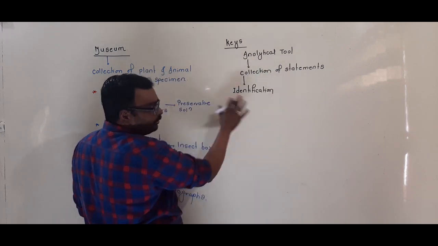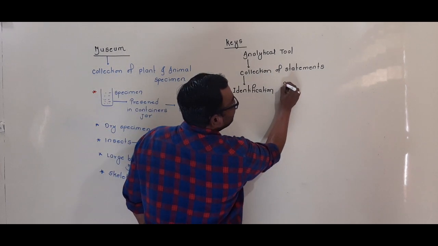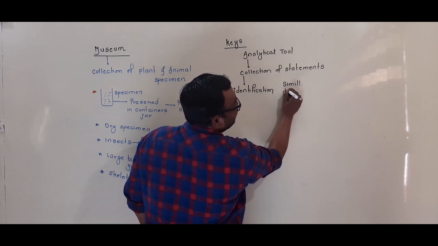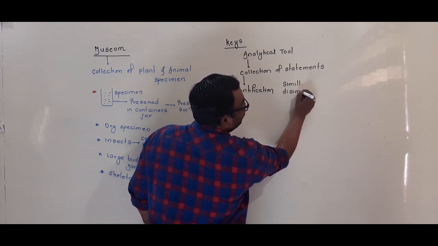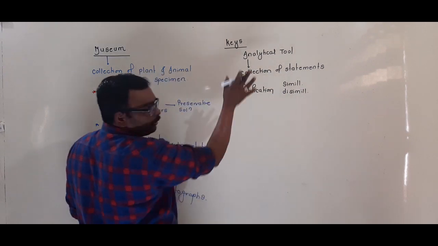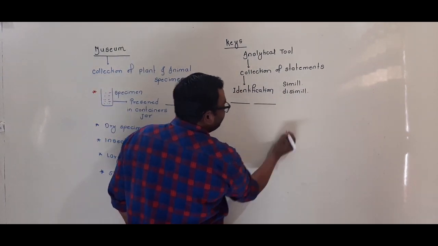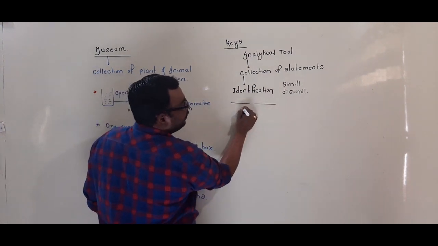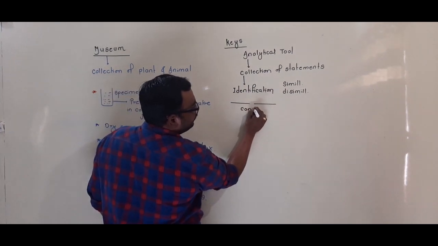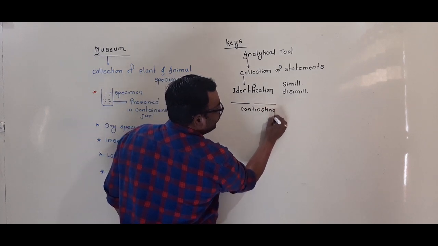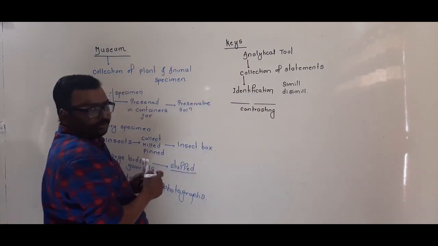These keys are based on similarities and dissimilarities of animals. Suppose there are two given statements, and these statements are contrasting statements. That means these two statements are opposite to each other.